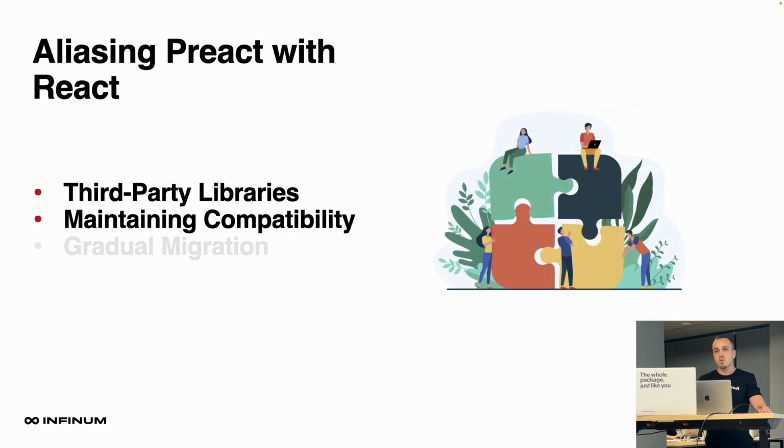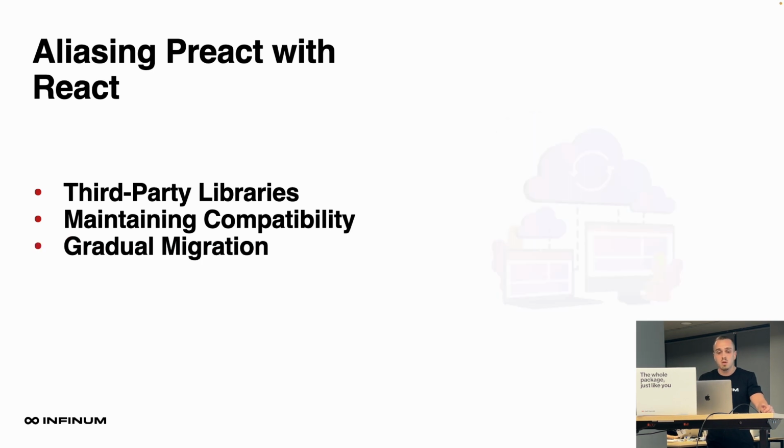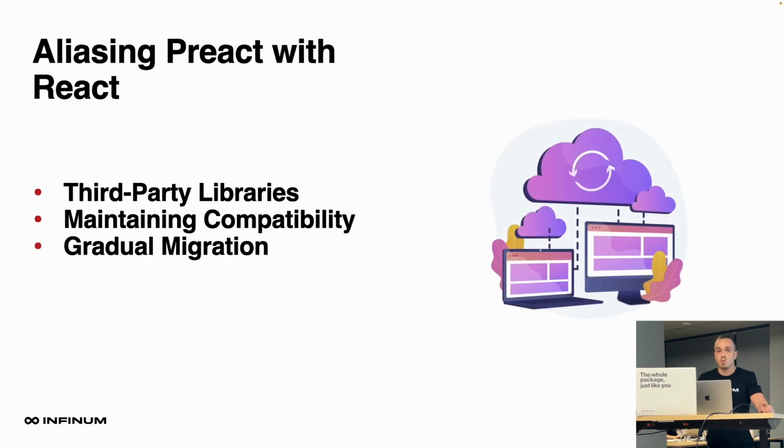Also, you can maintain compatibility between your React-based code and React-based code, and by aliasing, you can ensure that both libraries can coexist together peacefully. And also, if you are already using a large React code base, you can easily migrate to React by aliasing.